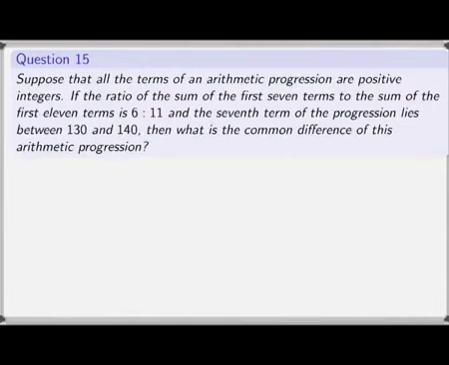Let us now look at the following question. Suppose that all the terms of an arithmetic progression are positive integers. If the ratio of the sum of the first 7 terms to the sum of the first 11 terms is 6:11 and the 7th term of the progression lies between 130 and 140, then what is the common difference of this arithmetic progression?